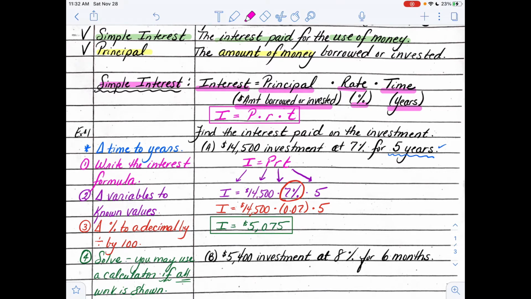I would say 95% of the time it's calculated in years, but you do have to read the problem and the situation, but years is what we're going with. So interest is the principal times the rate times the time. PRT. That's the formula we're going to be using today.